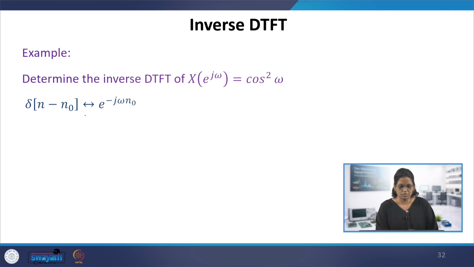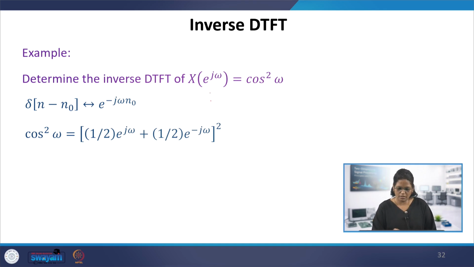We can get the inverse as well. For the inverse, using the property delta of n minus n naught, the impulse is shifted. That means it is simply a multiplication in the frequency domain by e power minus j omega n naught. It is the Fourier transform of this. Then the spectrum is cos square omega, and from that we get x of n.